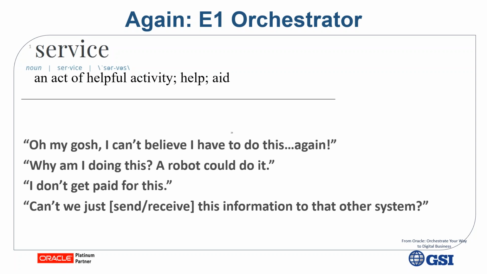Now, before I dive into comparing a typical system development and the value of the E1 Orchestrator design process, let me show you a couple of slides on how the orchestrator has been putting JDE services to use and its integration with the cloud and third-party applications.